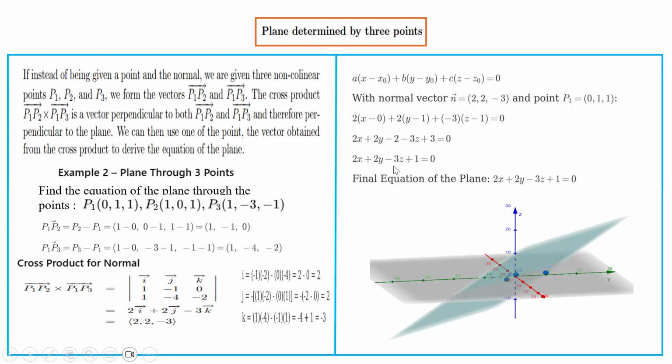That would be my final equation for the plane. On the diagram, it shows how a plane can be determined by 3 non-collinear points. The shaded region is the plane we constructed from the 3 points that we have.